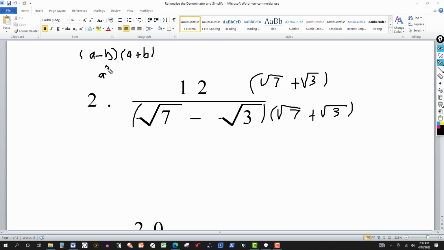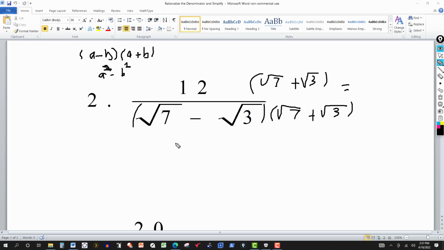So this would be a squared minus b squared. In this case, it'd be the square of this minus the square of this.